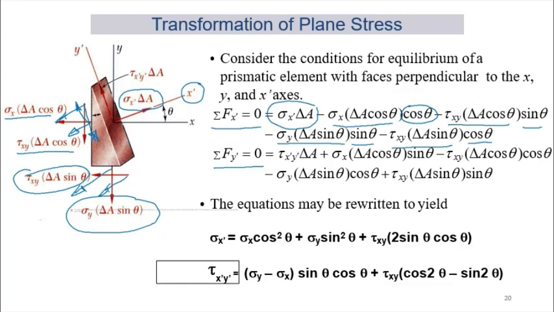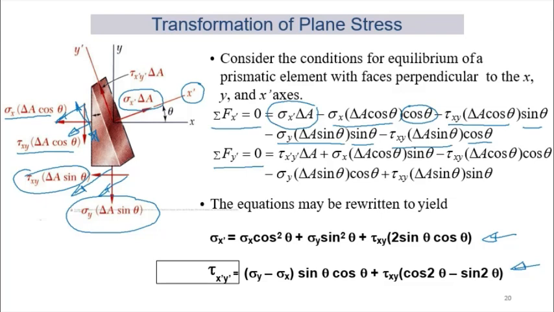So we can rewrite and rearrange them, okay, to get these two equations here. So we have one which is sigma x prime from summation Fx prime is 0. From the second equation, summation Fy prime is 0, we get this equation here.